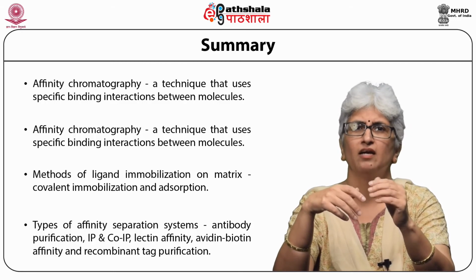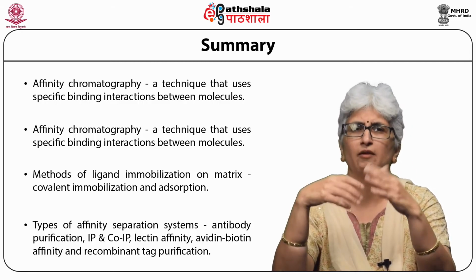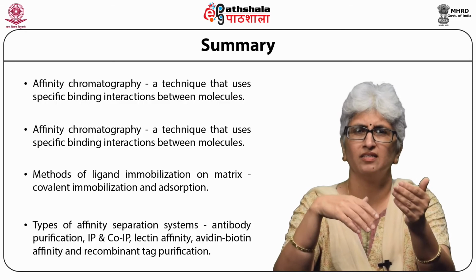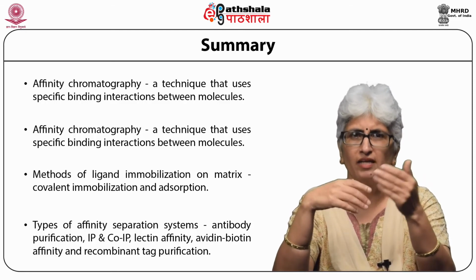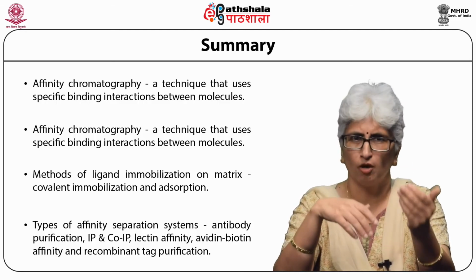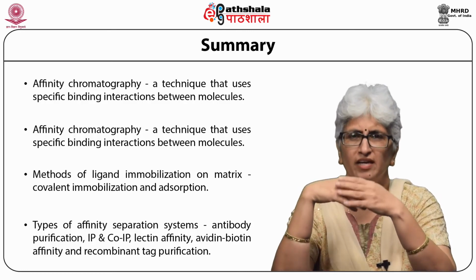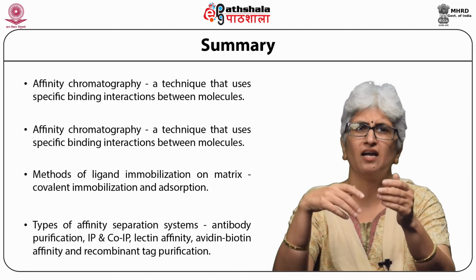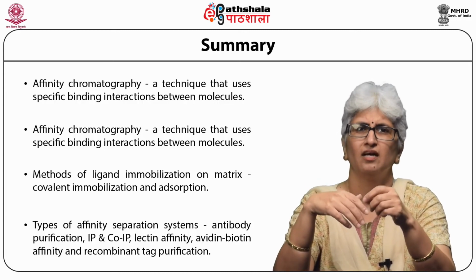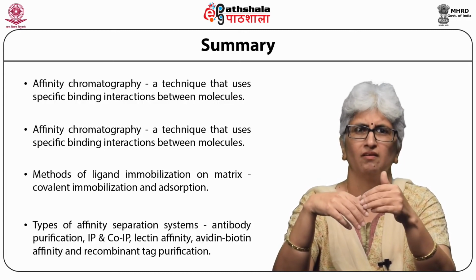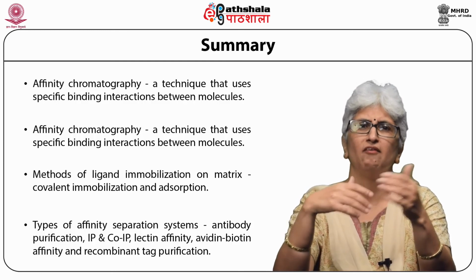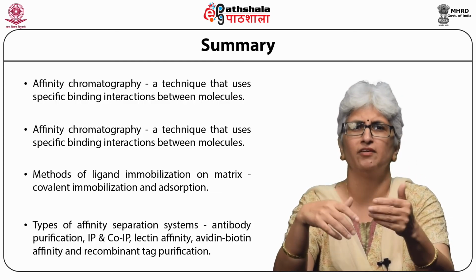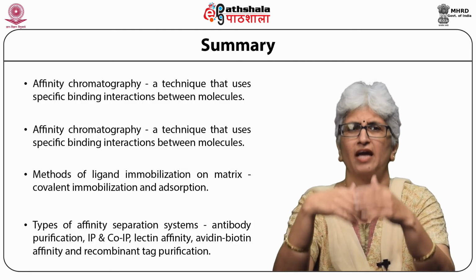Immobilization of ligand on solid support can be achieved by various methods such as covalent immobilization and adsorption. There are various types of affinity separation systems. These are antibody purification, IP and co-IP, lectin affinity, biotin affinity, and recombinant tag purification.